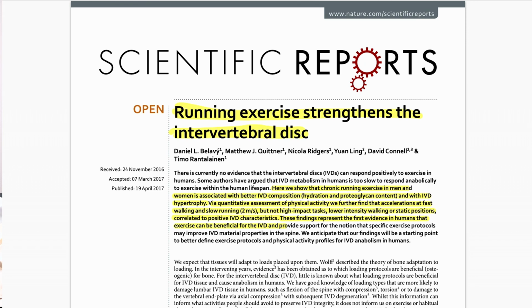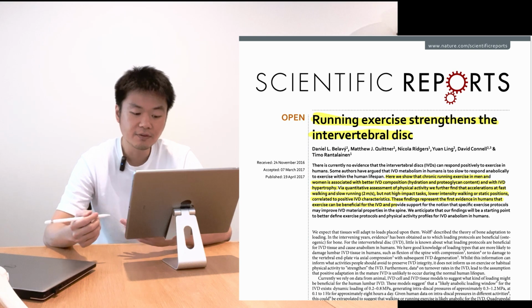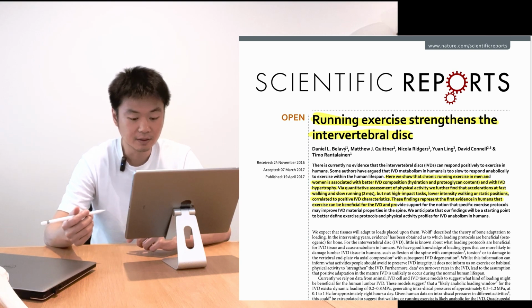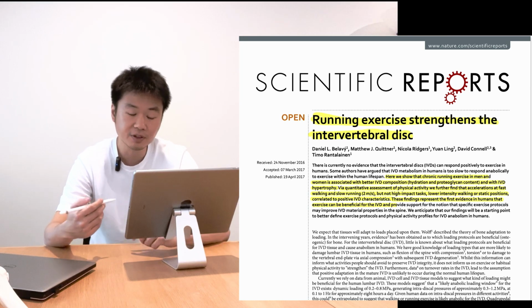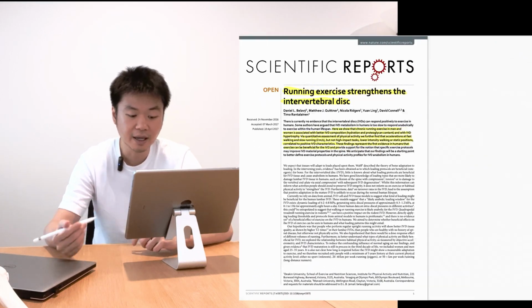They found that physical activity, that is acceleration at fast walking and slow running, but not high impact tasks or lower intensity walking, correlates with better discs. Okay, so these findings might represent the first evidence in humans that exercise can be beneficial for your disc health.